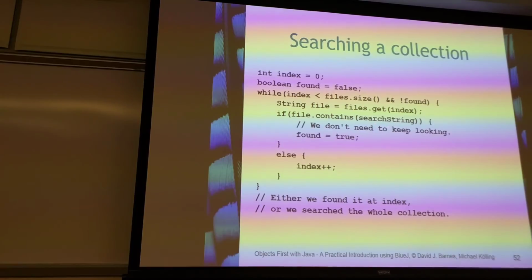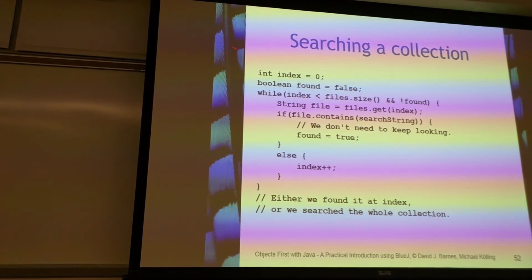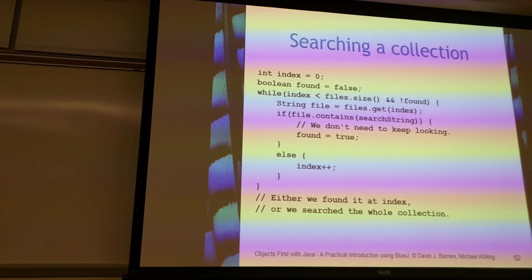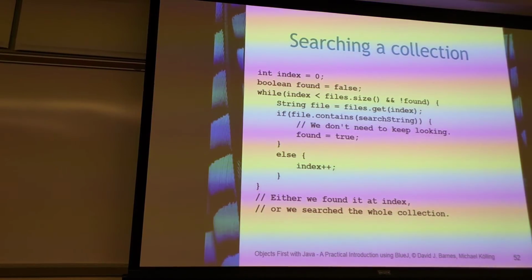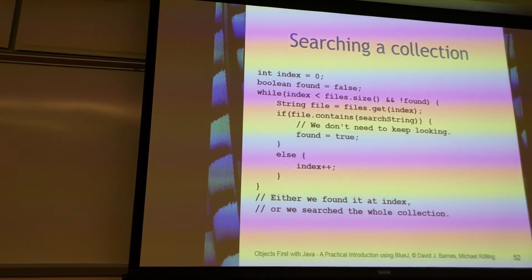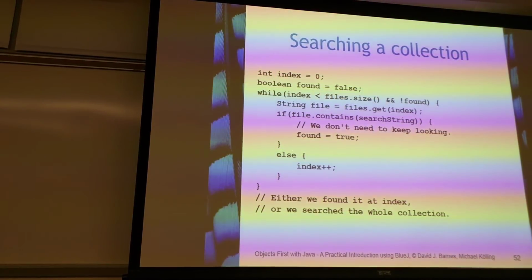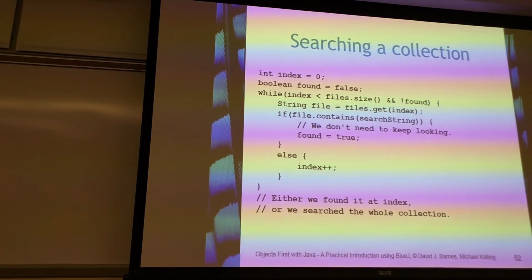If the file contains my search string, which we don't see here, but there's a function header where we passed in the thing we were looking for, then I say I found it. So found it is true. Otherwise, I increment the index by 1.